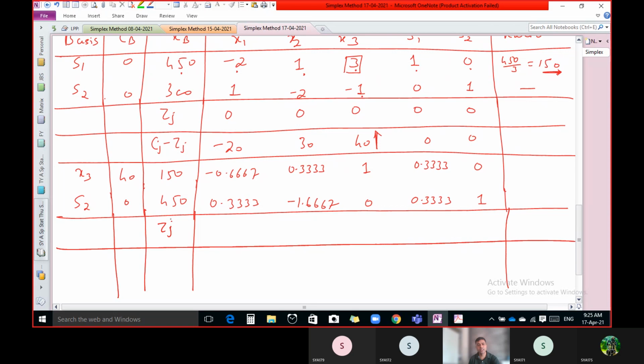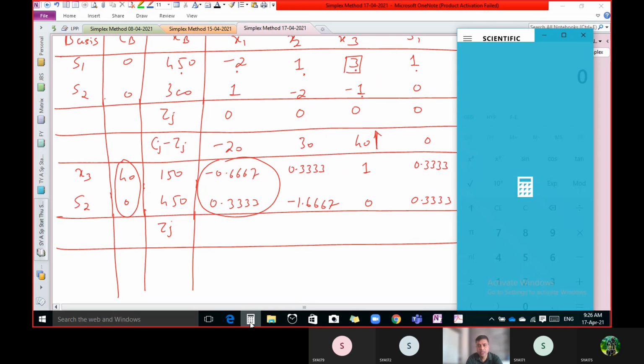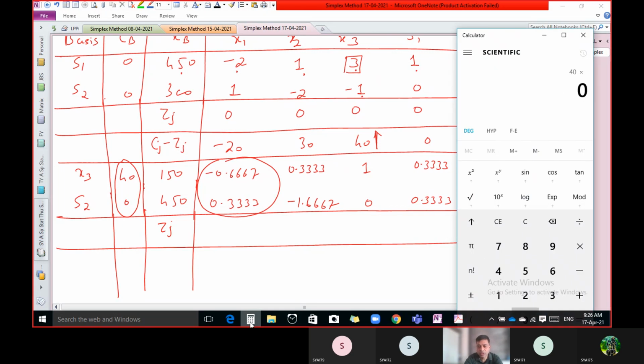Okay, how to calculate Zj? CB, that means this with this. So 40 into minus 0.666666. So let us calculate 40 into 0.666666. So what we get? 26.66666, but it should be negative because of this negative. And 0 into anything is 0.